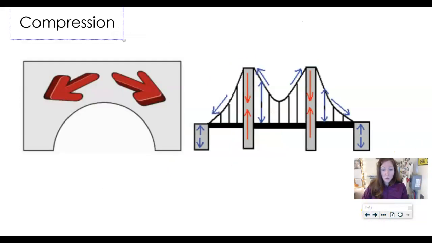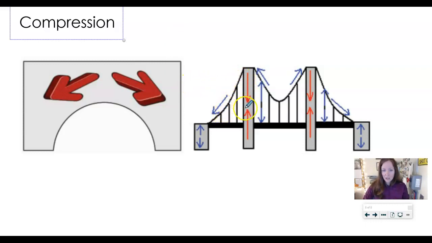Now, some bridge designs work really well with compression forces, and some materials work really well with compression forces. The bricks or the pieces of an arch bridge are under compression. So when the load is put here, it pushes down on the bridge, and then it pushes on each individual part of the bridge until it gets to whatever it's anchored to, like in the Hoover Dam Bridge, the canyon walls, which then can absorb an enormous amount of weight.